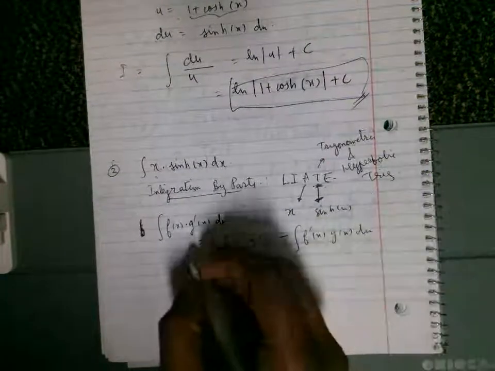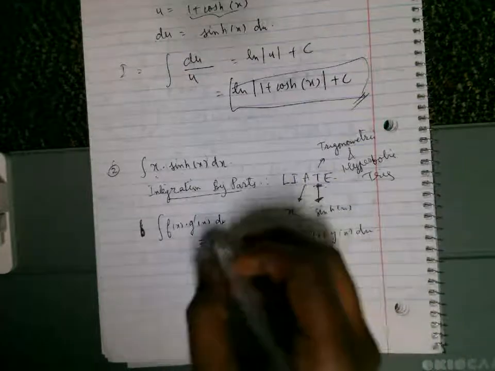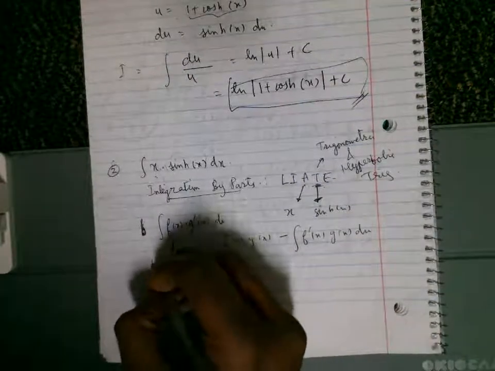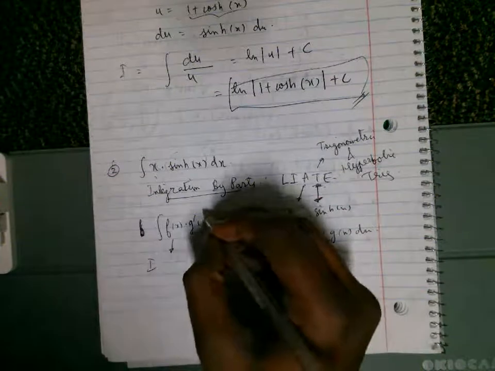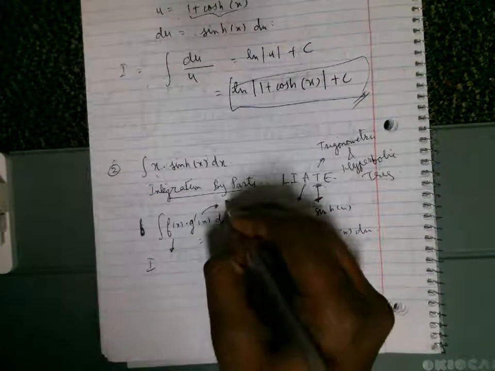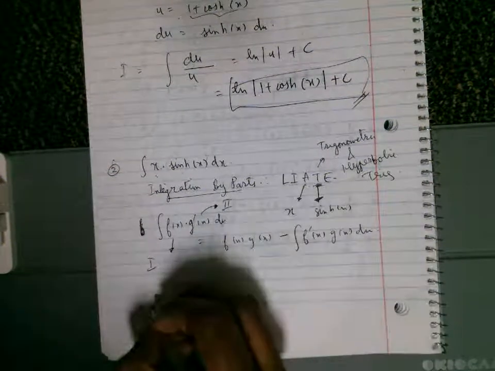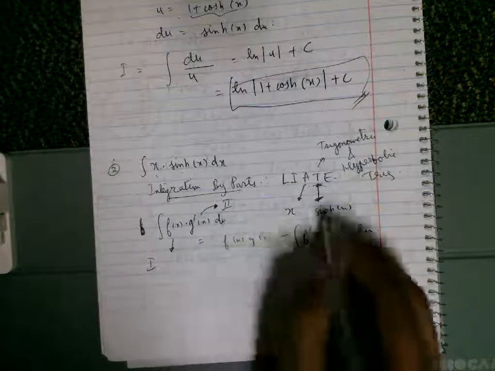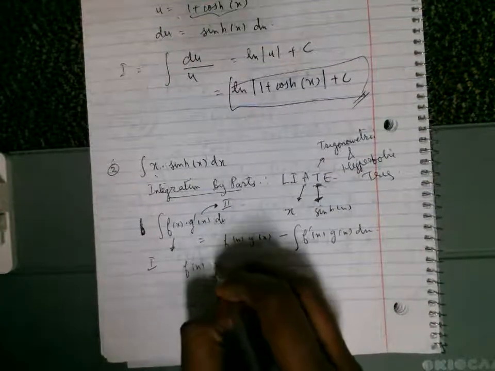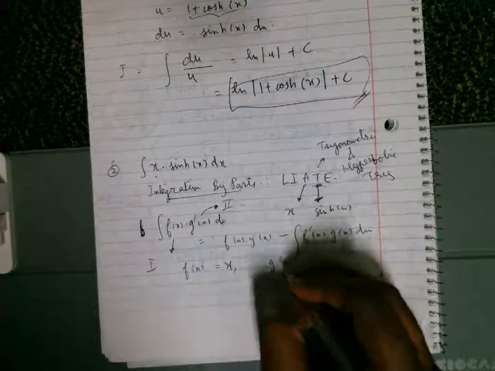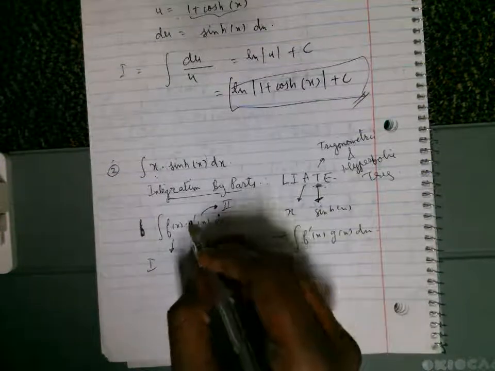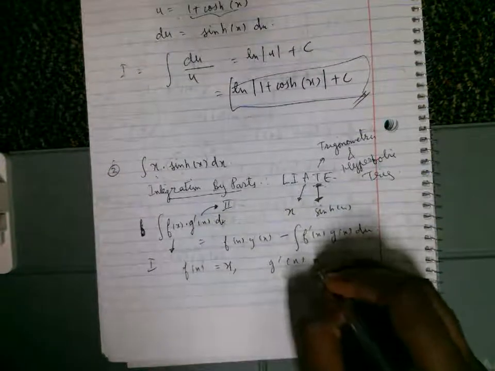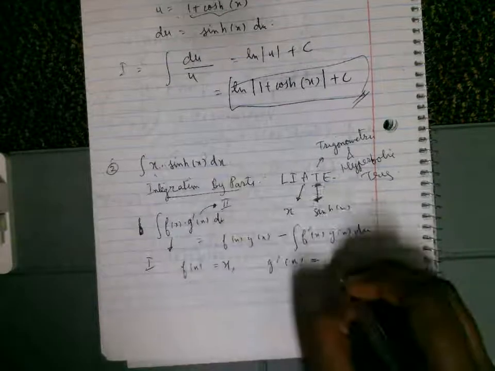Whichever appears first in the LIATE rule is our f, and whichever appears later is our g. So in our case, f of x is equal to x, and the second function is not g, it is g prime. So g prime of x is sinh of x.